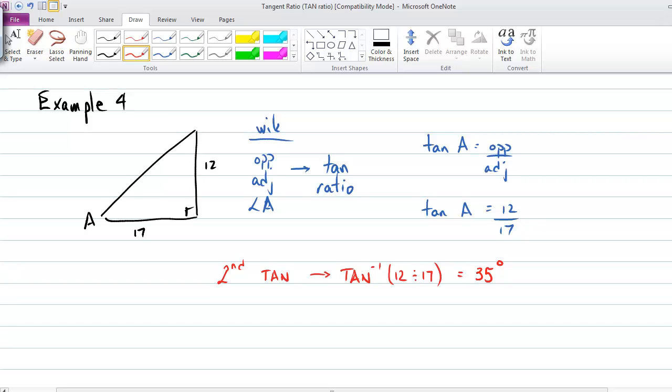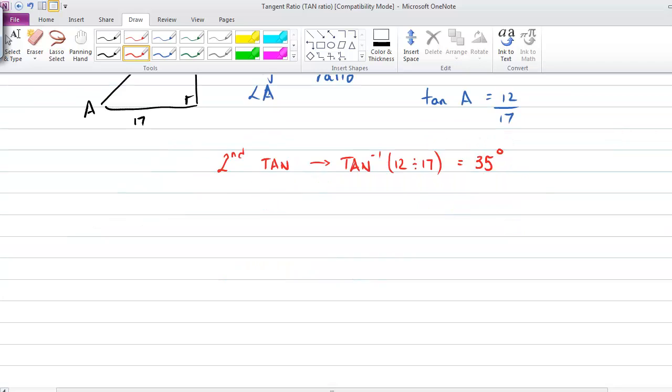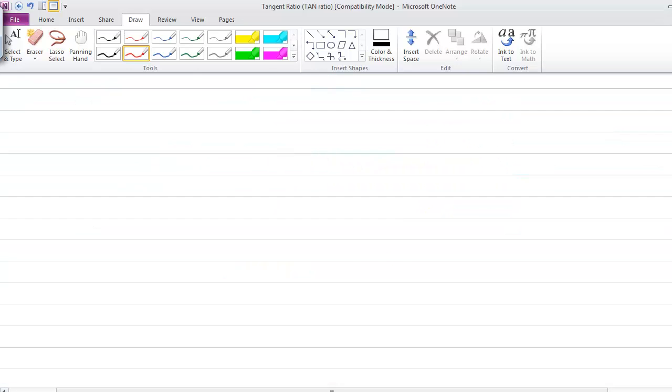So what this says is, if we're given this triangle where the side opposite angle A is equal to 12, and the side adjacent to angle A is equal to 17, then angle A is going to equal 35 degrees. So here are these three basic ratios.